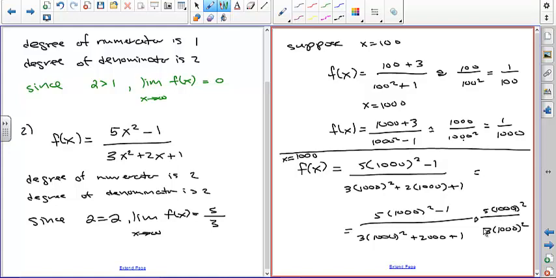Between here and here, I've basically dropped the lower order terms, because 1,000 squared is a million, so 2,000 relative to a million is not very much. We can ignore those, and these terms dominate as x gets large. Then these cancel out because they're always going to be the same, and you end up with just the ratio of the leading coefficients.